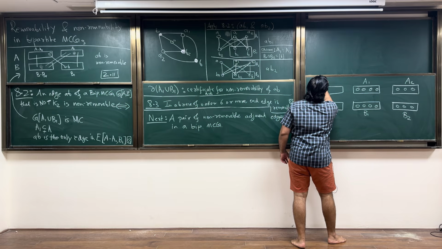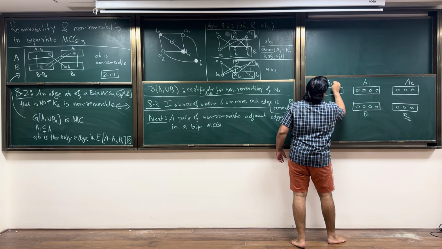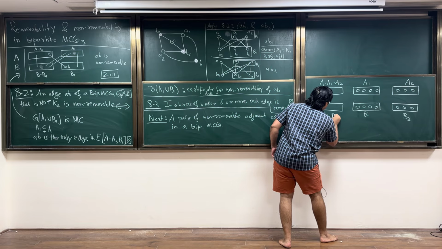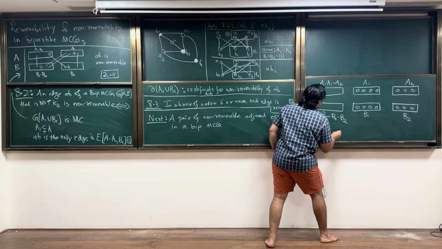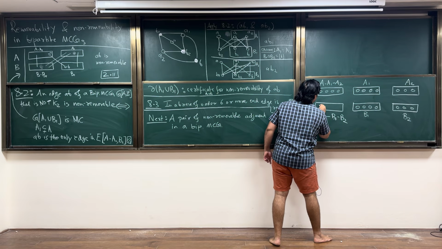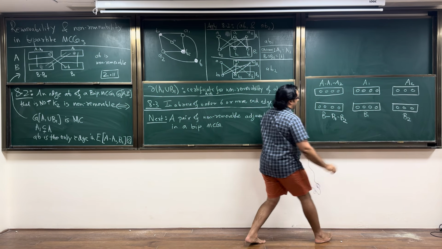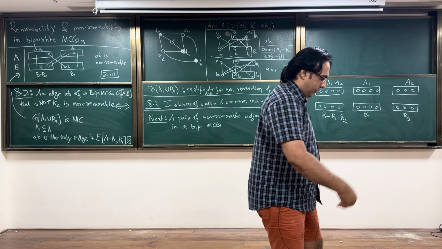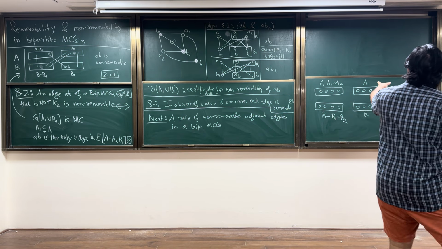This is A minus A1 minus A2, this is B minus B1 minus B2, so there will be some vertices, 1, 2, 3, 4 again, 1, 2, 3, 4. If A1 union B1 and A2 union B2 were disjoint, then I would get a drawing like this.